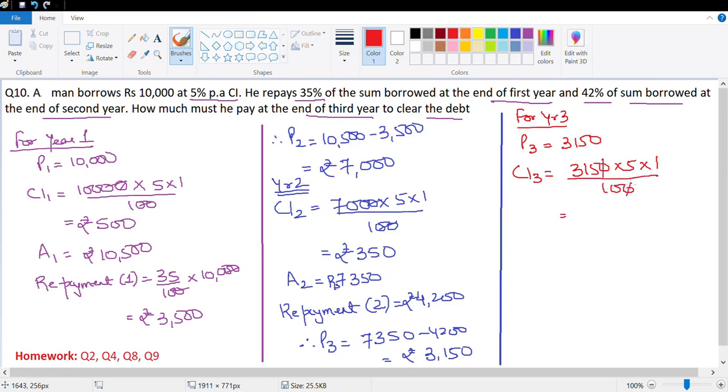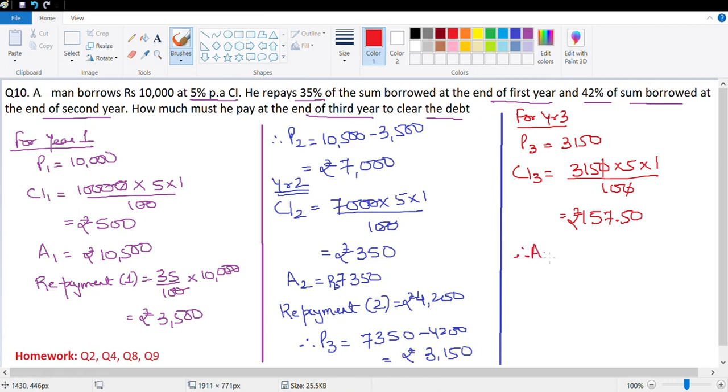So that's 5 into 315, 1500 and 75. So 1575 by 10, that's 157.5. But with a 0 because this is money. So this is the interest for third year. We need to calculate the total money he needs to pay at the end of third year.